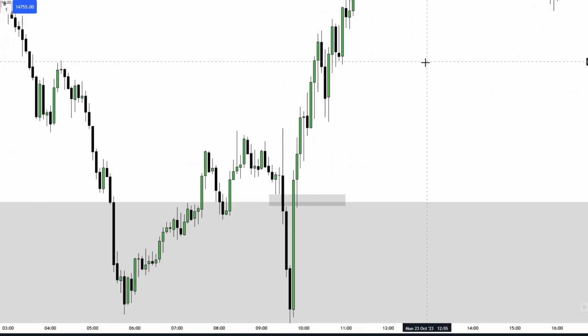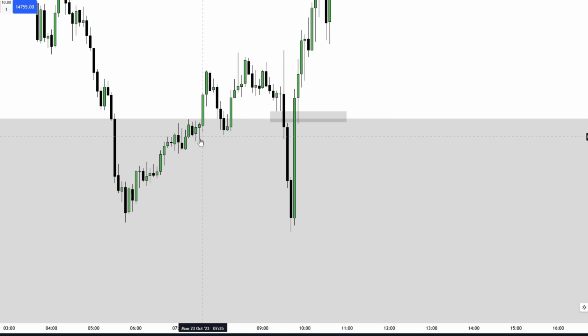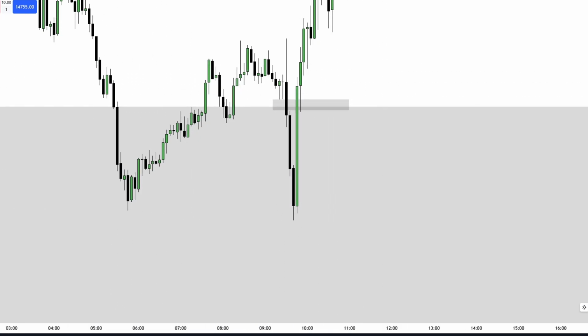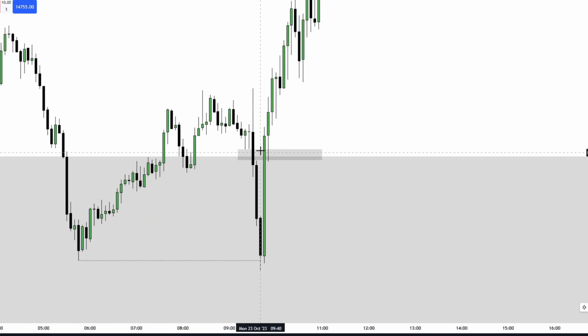So with my drawn liquidity being higher, I waited patiently again. A lot of people would have probably gotten FOMO right here, but I waited. And then once I saw that we took out this low here, creating a new external sell side liquidity point, and we had this big displacement happen, then I saw that we violated 2 5-minute fair value gaps.